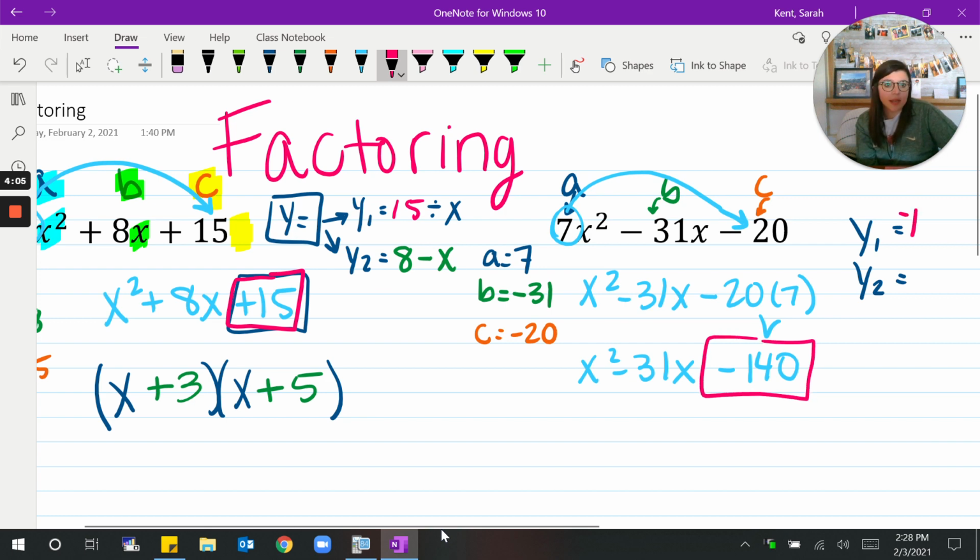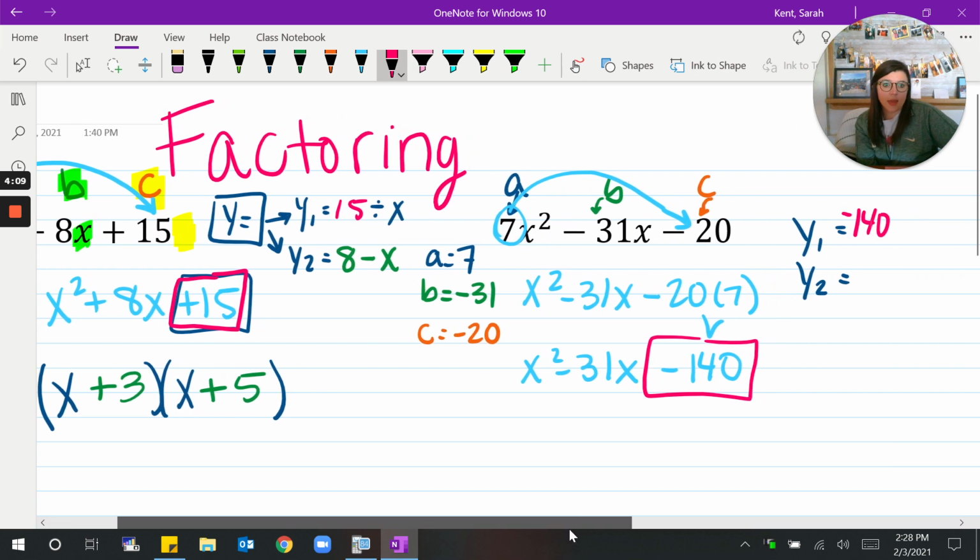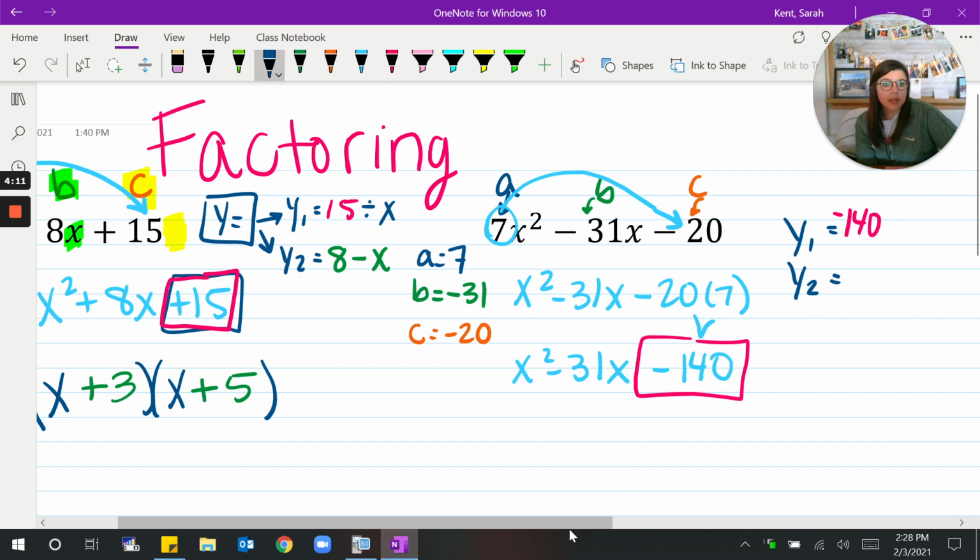So I'm going to say negative 140 divide by x. And then for y2, we want b. So here our b is negative 31. So I want negative 31 minus x.